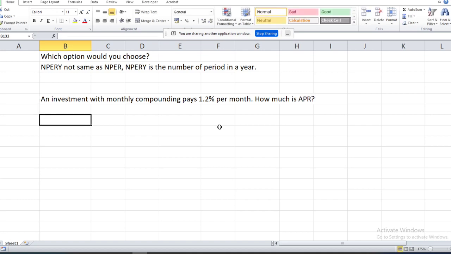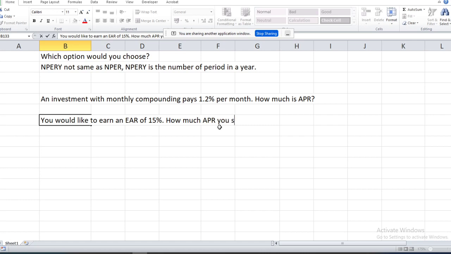Okay, that's one example. Second example is you would like to earn an effective annual rate of, let's say, 15%. How much APR should you look for in investment advertisements with, let's say, monthly compounding.